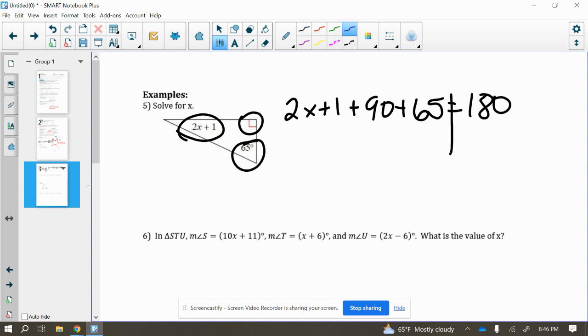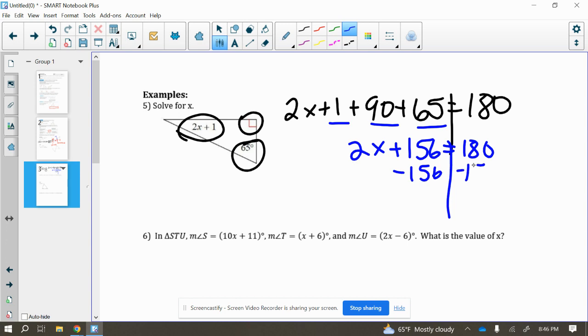So again, we're going to start by combining down 1, 90, and 65. We would end up with 2x plus 156. And then we're moving across this equal sign, so we're able to undo that addition with some subtraction. So we get 2x equals 24. Divide by the 2, x is 12. And that's what we're looking for this time.